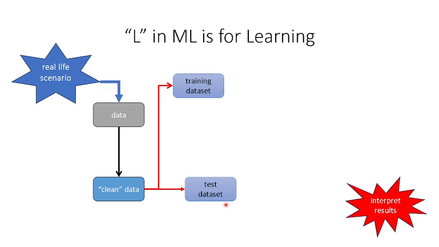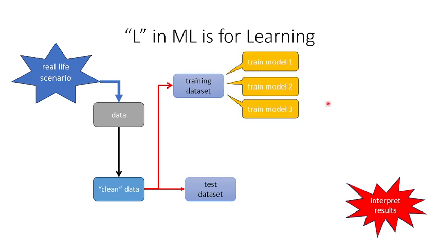Now, based on the training data set, we will train a few models, right? So these models may have a very similar mathematical recipe, but their parameters would be different, or they might be completely different machine learning algorithms with separate recipes to create them mathematically.